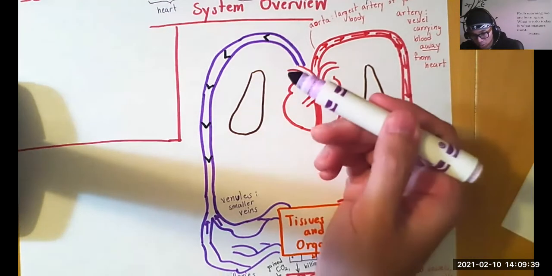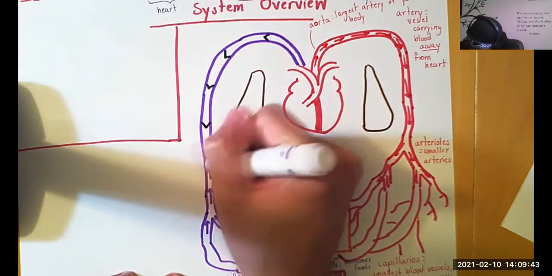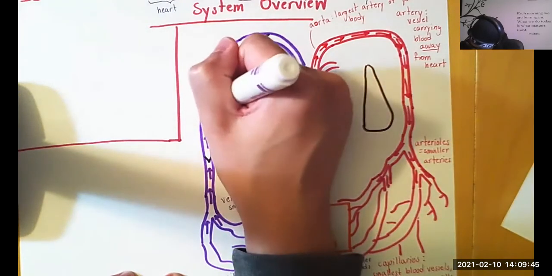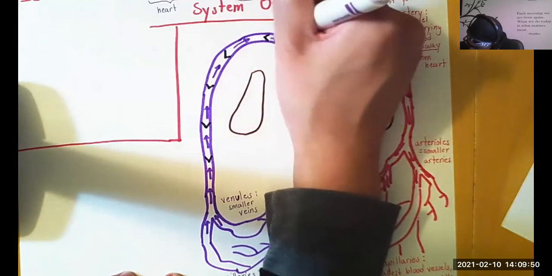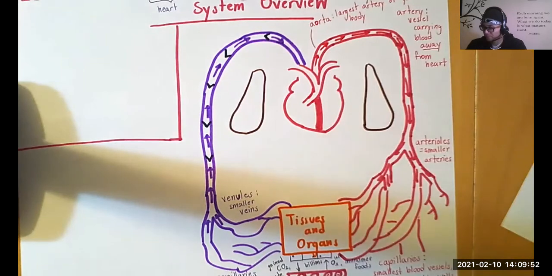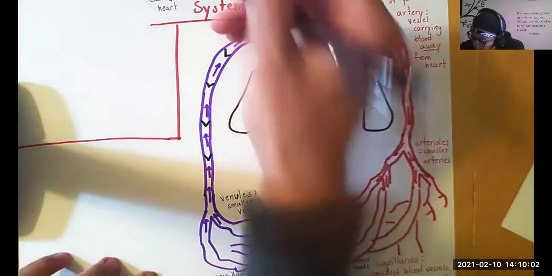I'm going to take my purple. I'm going to draw some arrows to indicate direction of the blood flow. It's purple for a reason. Do not draw this in red.